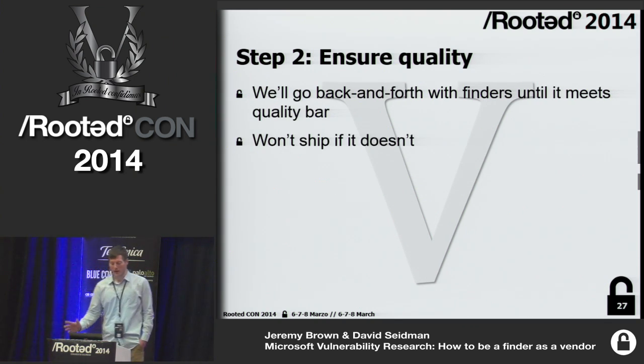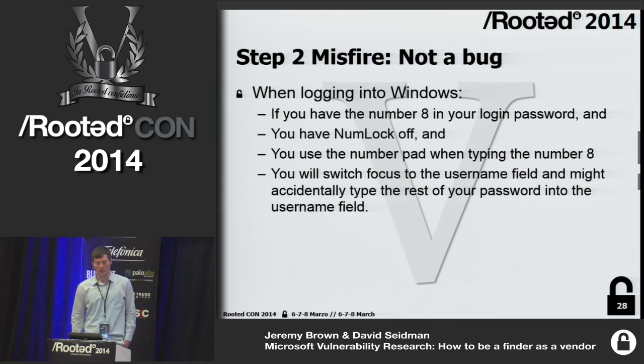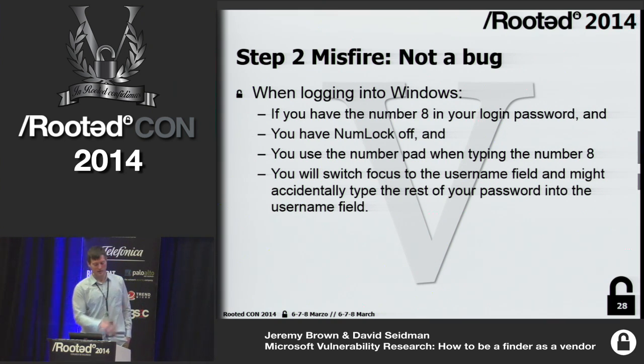And then we'll go back and forth with the finder and make sure they are including all the details so we can get everything fixed as quickly as possible. Misfire, not a bug. Some things look dangerous, maybe part of a user error, but just aren't a bug. Part of this numlock example, not really a bug, but kind of mischievous, I guess.